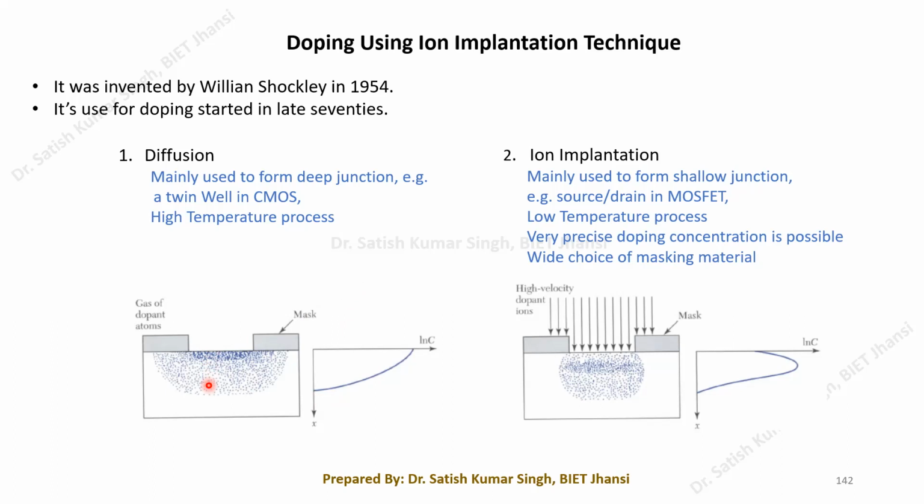Now, today we have to look at one of the more important techniques, which is very important nowadays, and most of the doping of atoms is actually performed by this ion implantation technique.